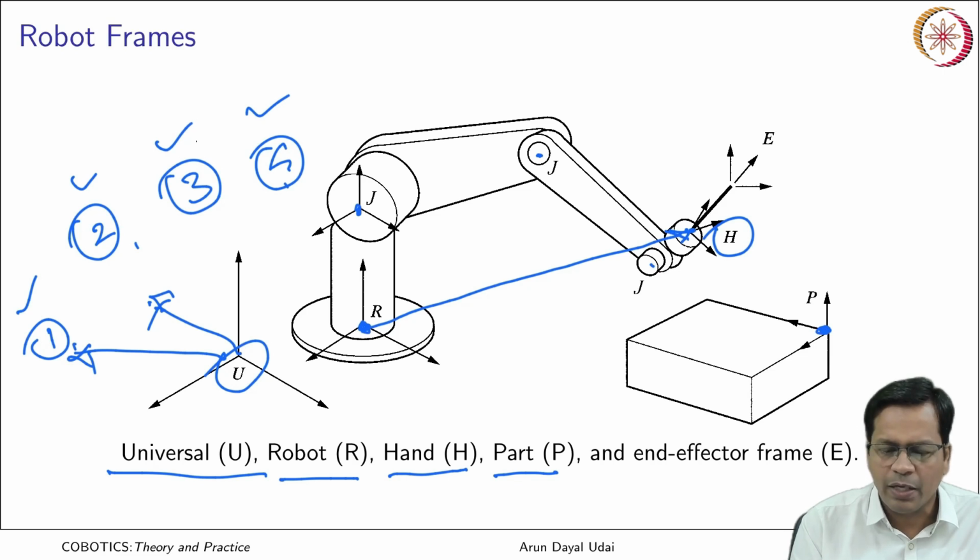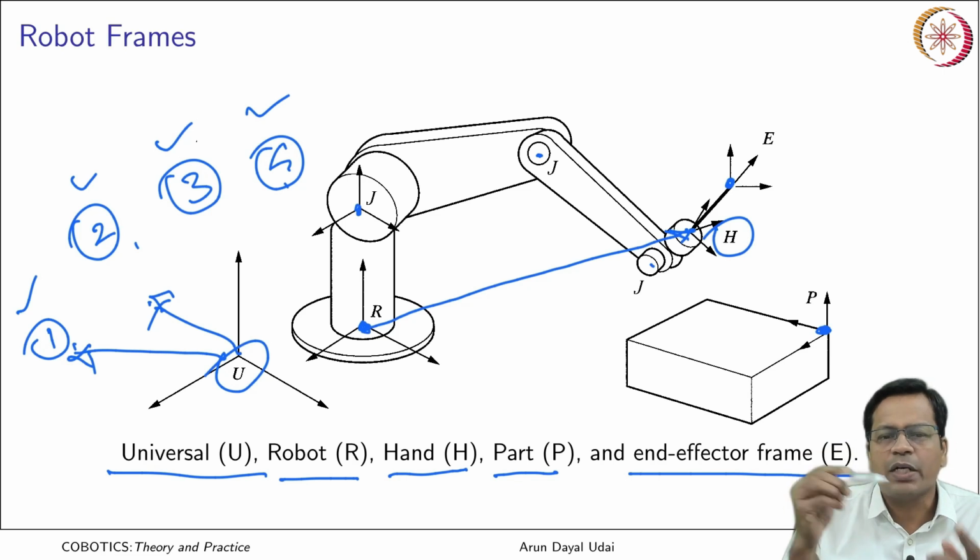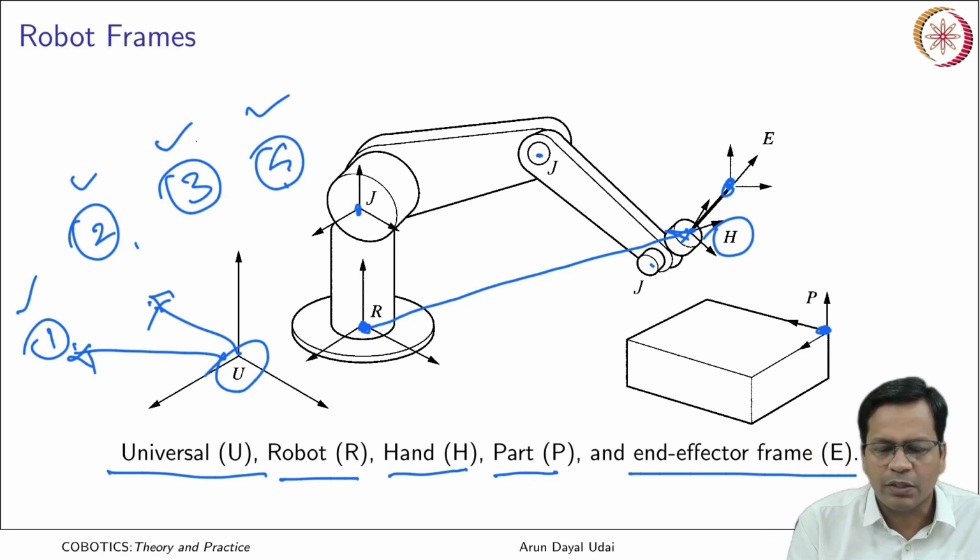So, that frame can represent the position and orientation of the object with respect to the universal frame, or it can also be with respect to the robot frame. And the final frame is the end effector frame, that is at the tip of the tool. Let us say if it is a welding tool, it becomes the tip of the welding electrode which actually does the job. So, that is the end effector frame.